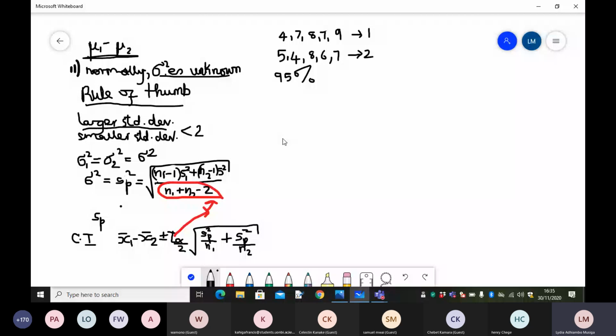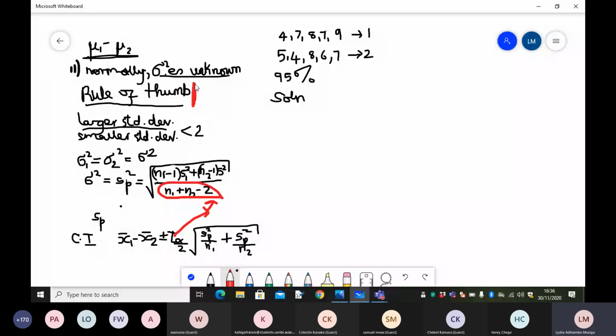The first thing that should come to our mind is to check whether population variances should be assumed to be equal or whether they should not be equal. And we know that the rule of thumb helps us to determine whether the population variances should be assumed to be equal.